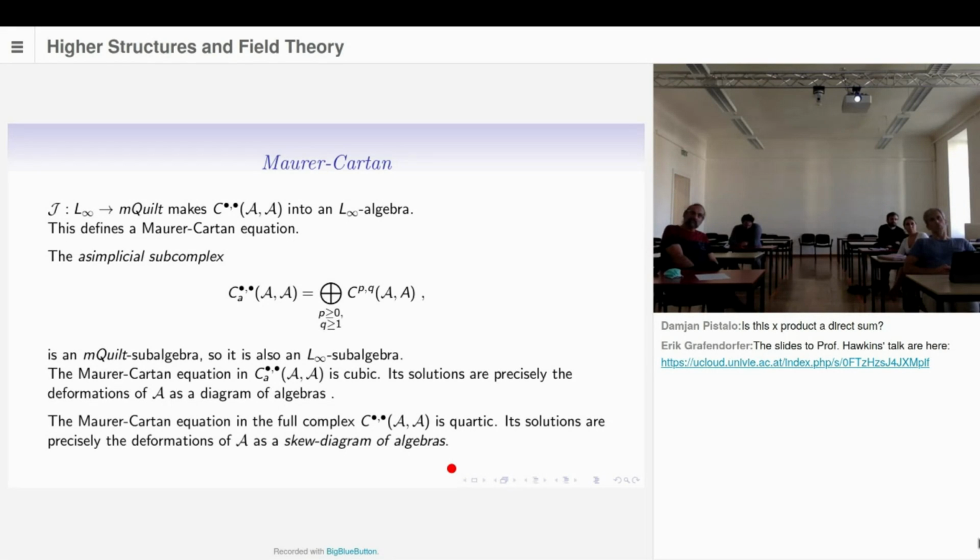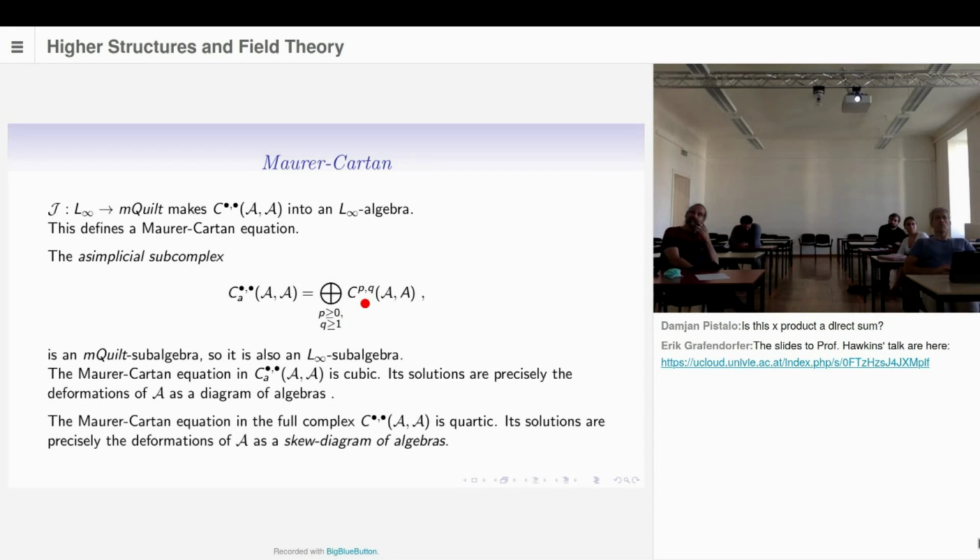Now, say a little bit more about this complex. Inside there, it's useful to talk about the asimplicial subcomplex, which consists of the part where the second degree is at least 1. So C P Q: P can be anything, Q has to be at least 1.